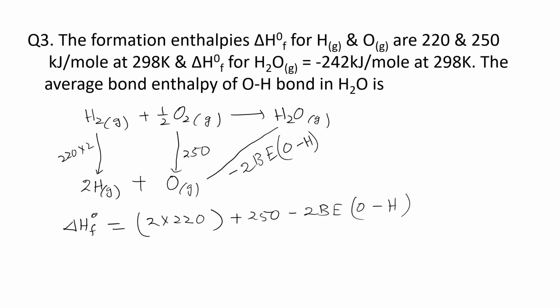And this value is given as how much? Minus 242 kilojoules per mole. So minus 242 is equal to 440 plus 250 minus 2 times the bond energy of the oxygen hydrogen bond.